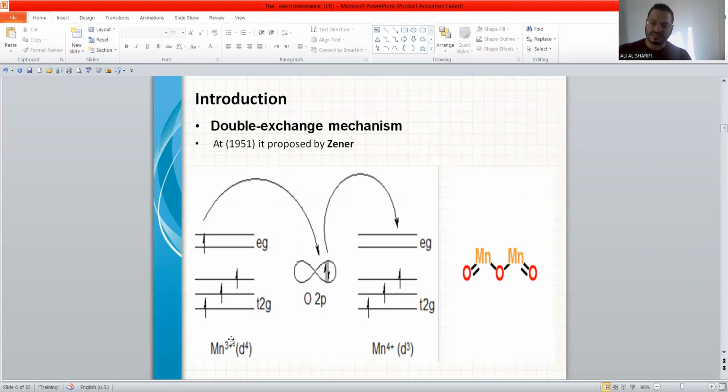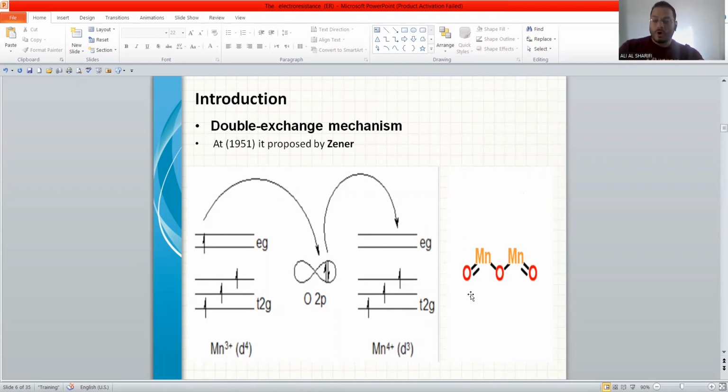Here at 3 plus, that means I have 4 electrons, because in the full situation we have 7 electrons. When I have 4 electrons, that means I have 3 holes, because we say 3 plus. And here 4 plus means I have 3 electrons. That means the upper state is totally empty.